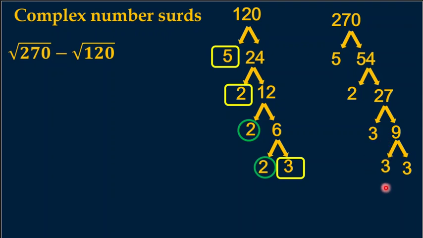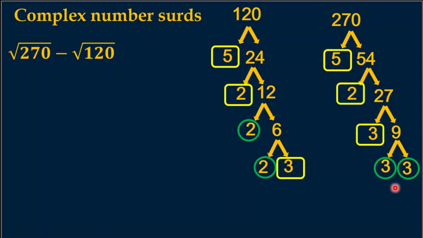But this time around it is just appearing 3 times, so we take 2 so that we can express it as a square. Then we take the remaining numbers. So 3 times 3 will be 9. Then 5 times 2 is 10. 10 times 3 will be 30. It means that 270 can be expressed as 9 times 30.